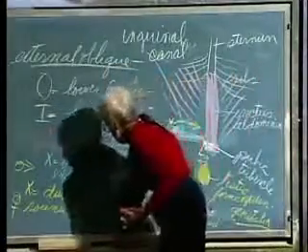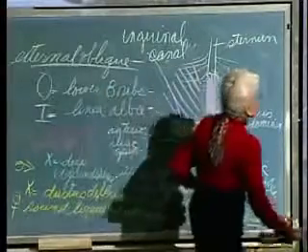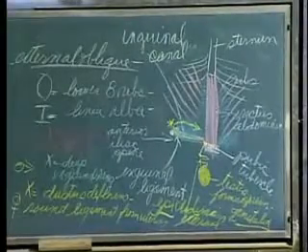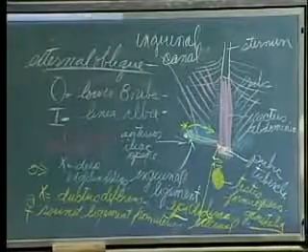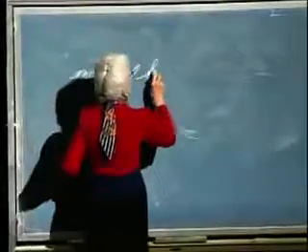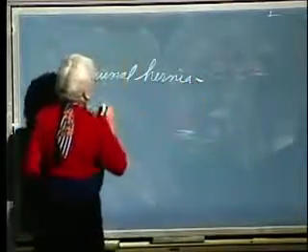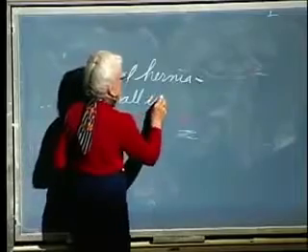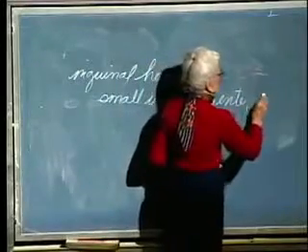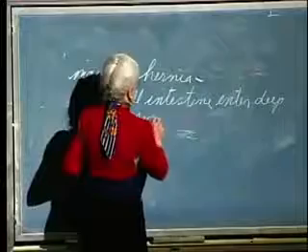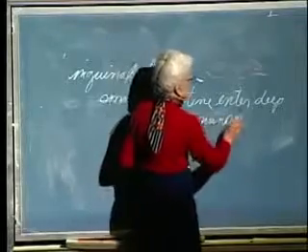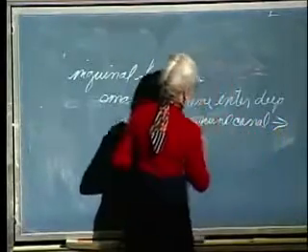An inguinal hernia is when small intestine enters the deep ring, goes through the inguinal canal, and out the superficial ring.